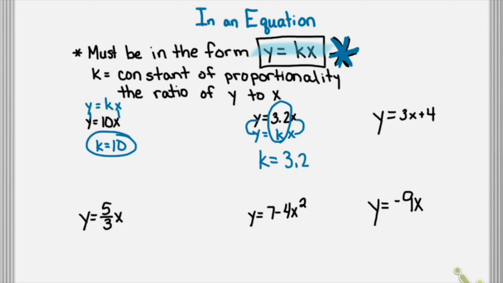If you have anything else added on, your equation isn't going to be proportional. So if I do that here, y equals kx, I can match up everything and I've got my k, but then I've got this part right here added on. And because of that, it is not proportional.